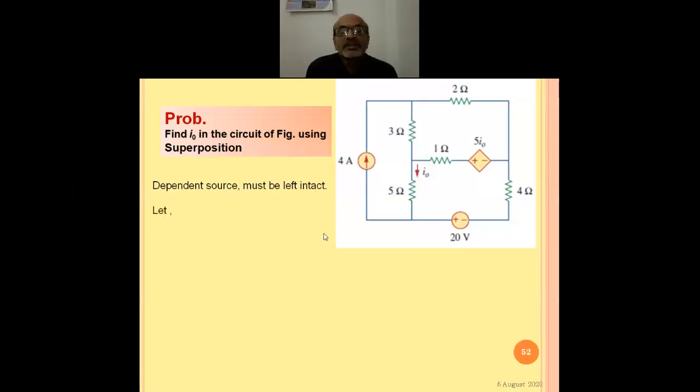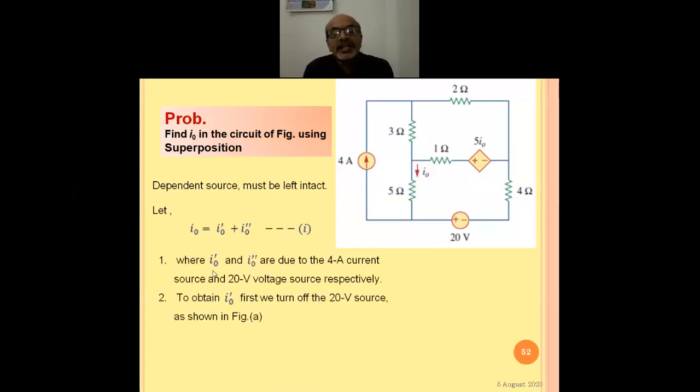While turning off, one care has to be taken: whenever there are voltage sources, we have to make the voltage zero, and obviously the voltage source voltage can be made zero if we short circuit it. And the same thing for the current source, we have to make the current equal to zero, so in that case we have to open circuit that current source. So this turn off method has to be remembered.